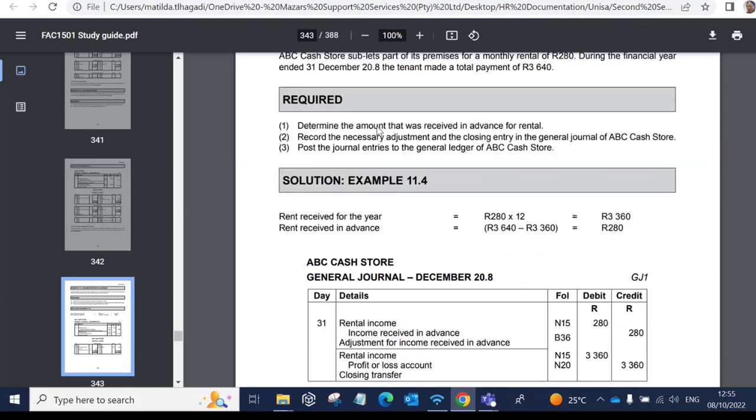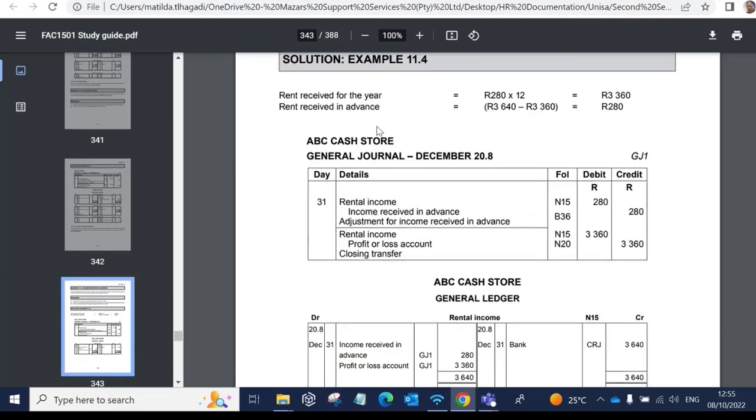So let's see how. Can you see? Basically, rental income 280 is going to be debited, and income received in advance is going to be credited with 280. Rental income should have been for 12 months. We should have received 3,360, but we received more.